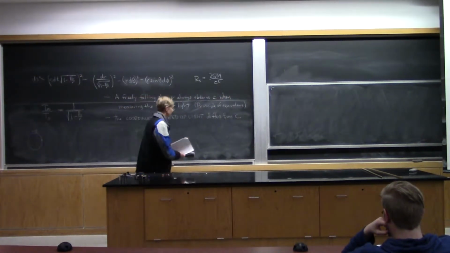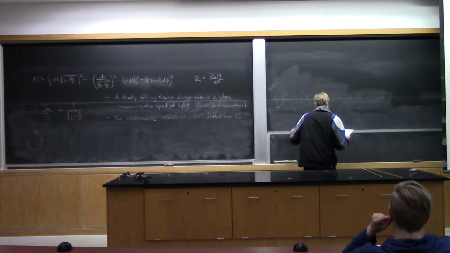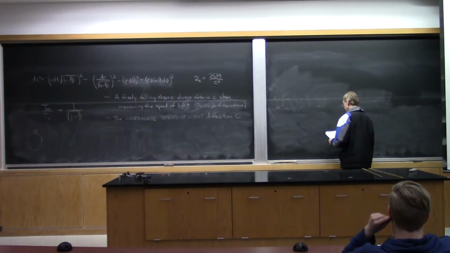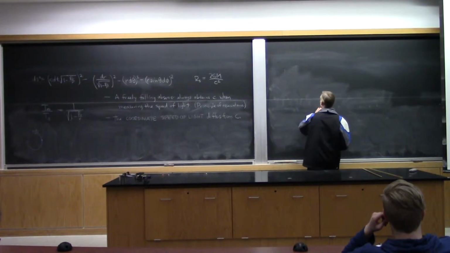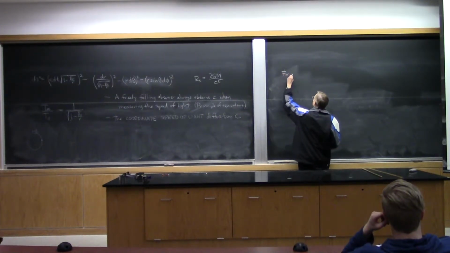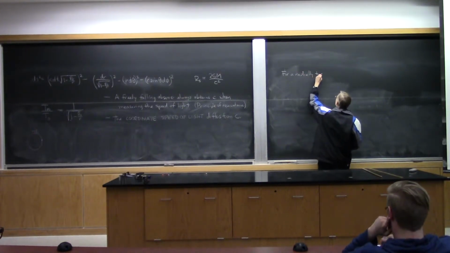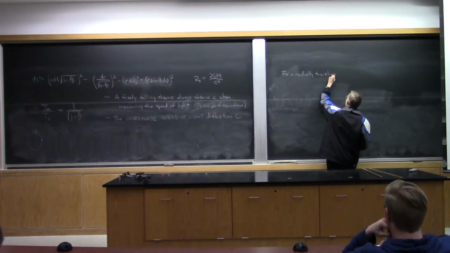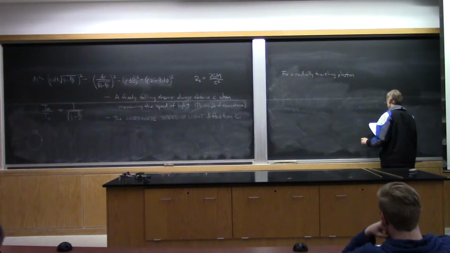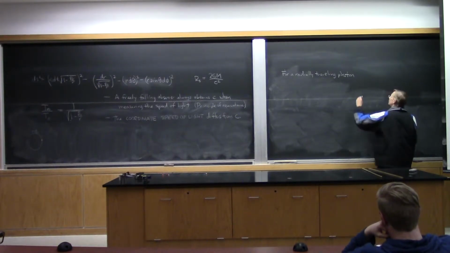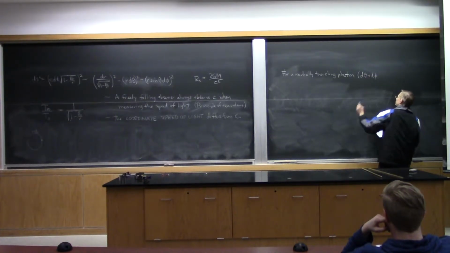So let's consider a radially traveling photon. It's moving along a straight line towards or away from the origin in Schwarzschild coordinates. So since it's radially traveling, what does that tell us about the angular coordinates?